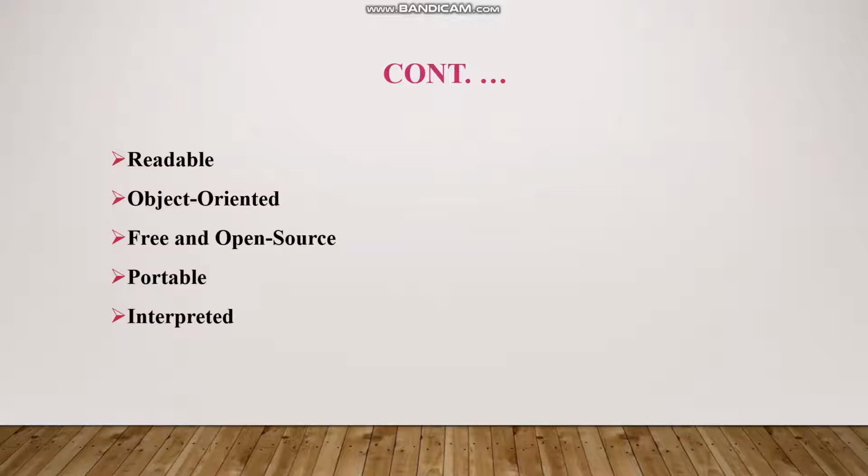When you code your project in a language like C++, you may need to make some changes to it if you want to run it on another platform. But that isn't the case with Python. Here you need to code only once. Remember, you need to code only once and you can run it anywhere. This is called write once, run anywhere.